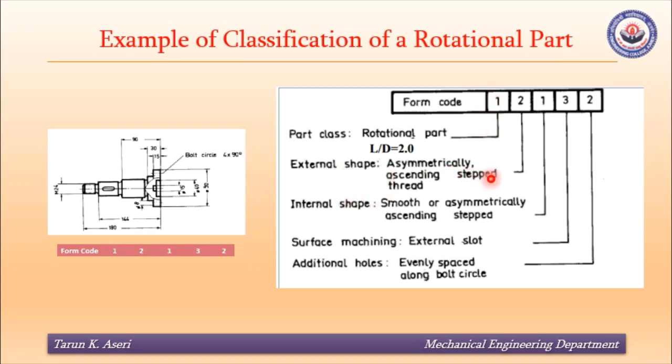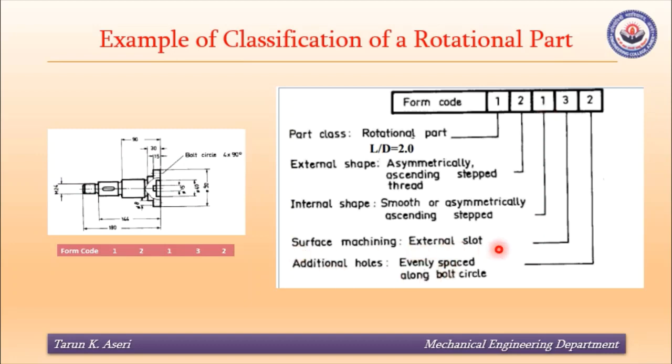The external shape is axisymmetric with ascending step and thread, so that is the second code. Then the internal shape is smooth and an ascending step is also there, so the code assigned for this kind of feature is 1.